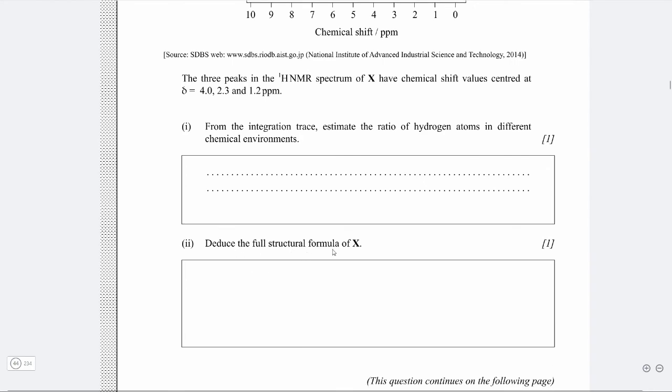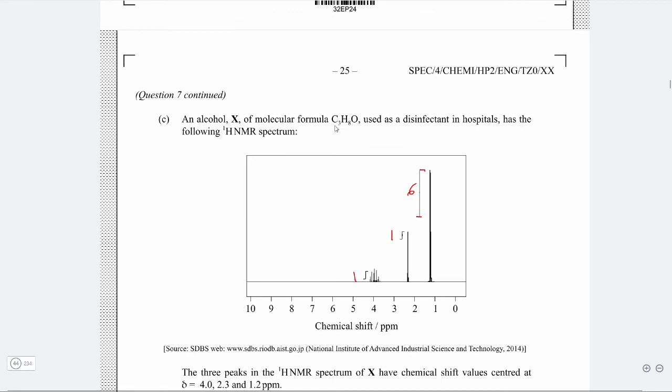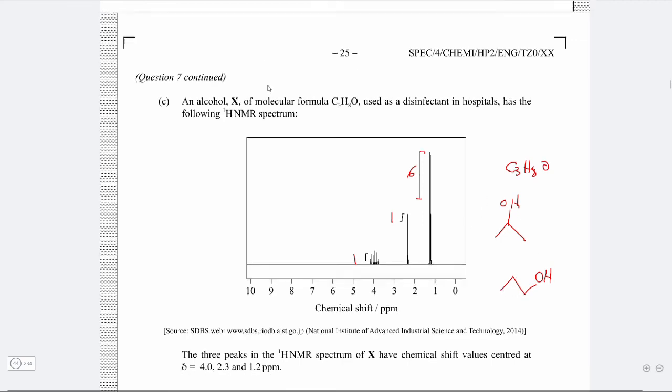Deduce the full structural formula of X. Okay, so you have a molecular formula, and you know that it is an alcohol. So it could either be this one, or it could be this one. Let's count 1, 2, 3, 4, 5, 6, 7, 8. Yeah, it adds up.